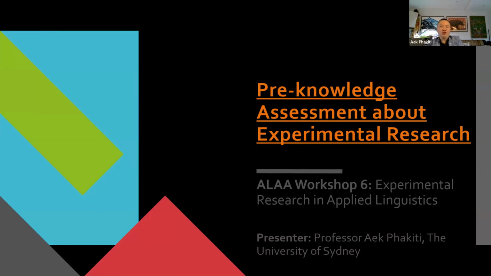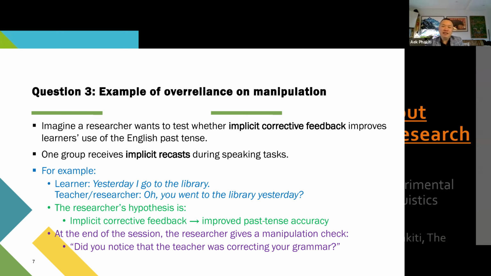Imagine that you want to test whether implicit correction can help learners improve their use of English past tense. So English past tense like go, went, gone, eat, ate, eaten, those things. One group received implicit recast. Recast is the term for implicit corrections in speaking.